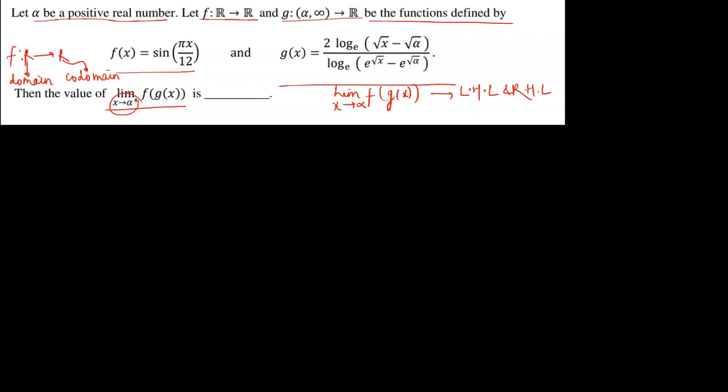Then I think you have gotten the idea that alpha plus is the correct representation. If I talk about alpha, then we have to consider both the LHL and RHL. Since the LHL is not valid here, because g is not defined on the negative side of alpha, they have mentioned x tending to alpha plus.